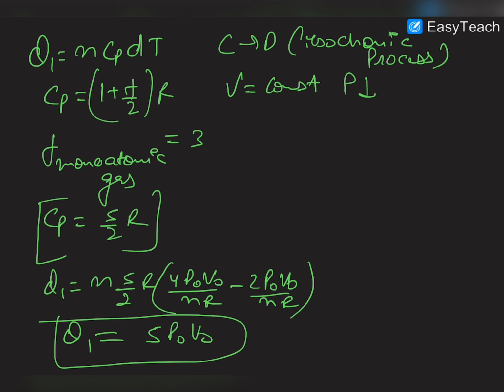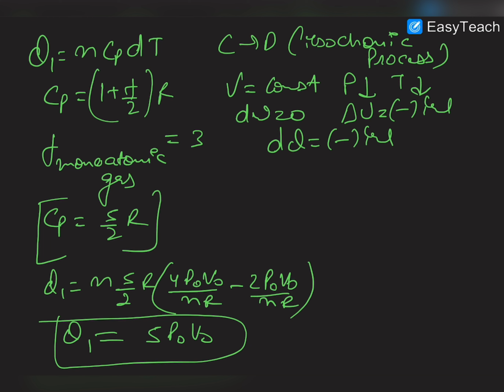P decreases, T decreases, and work done will be 0 because volume is constant, and delta U will be negative because temperature is decreasing. Therefore dQ will be negative. This heat is released by the gas, so we do not have to consider this heat, and we do not need to find it out.